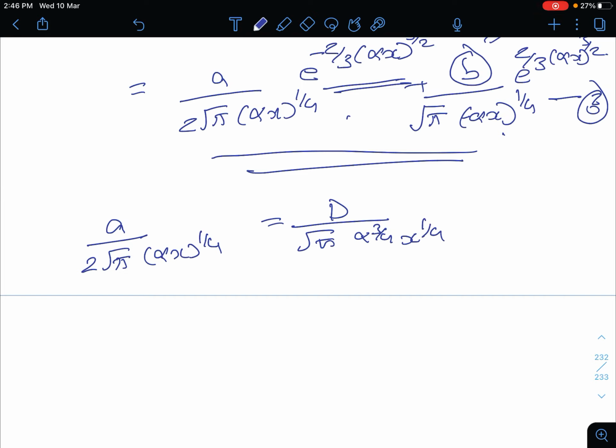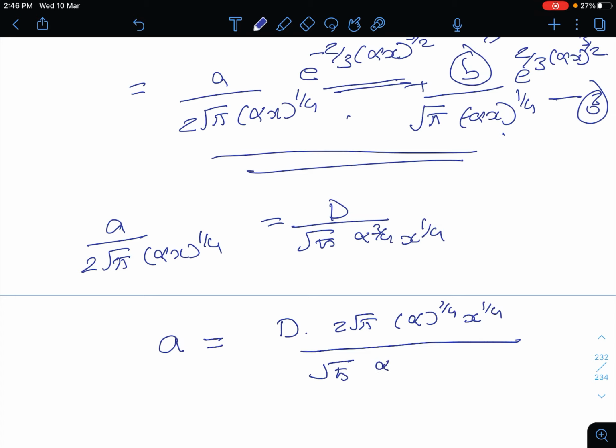Now from that I can write a, the unknown constant in the Airy function. This becomes a equals d into 2 root pi, alpha raised to 1 by 4 x raised to 1 by 4, divided by root of h cross alpha raised to 3 by 4 x raised to 1 by 4.